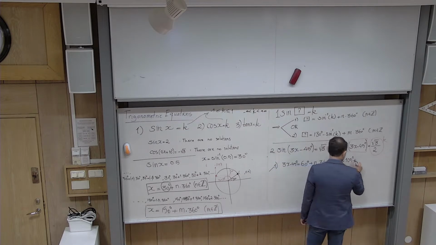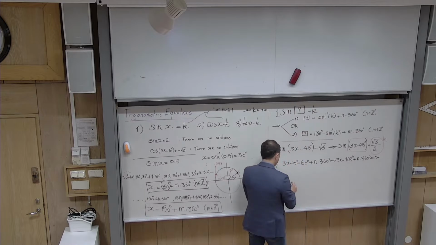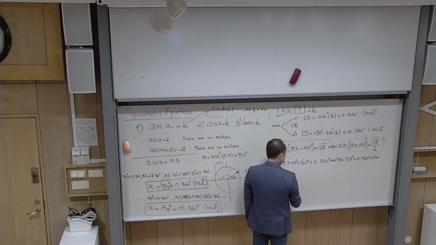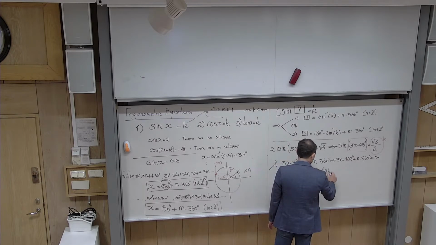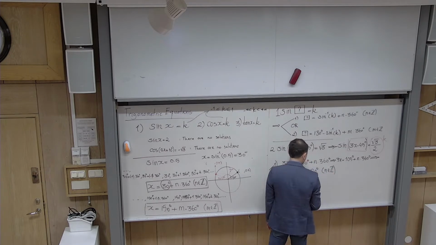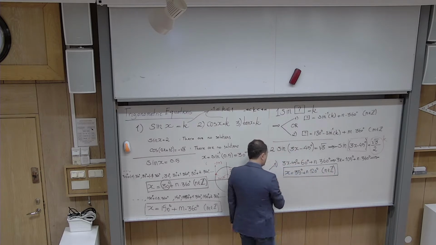And then I have plus n times 360 degrees. And then at the end, I divide everything by 3. So if I divide 105 by 3, it is 35 degrees. And if I divide 360 by 3, it becomes 120 degrees. And here, at the end, especially in the exam, you have to emphasize that n is an integer. Okay. So what is this?